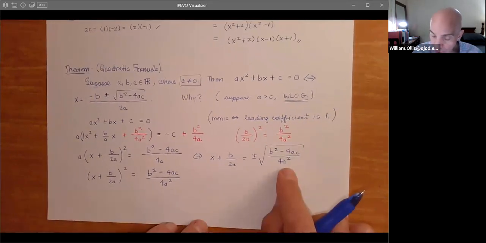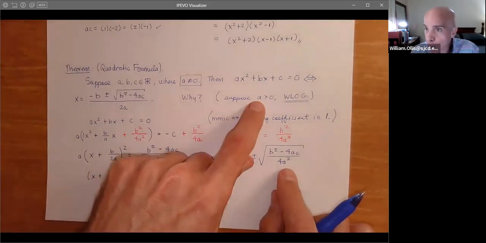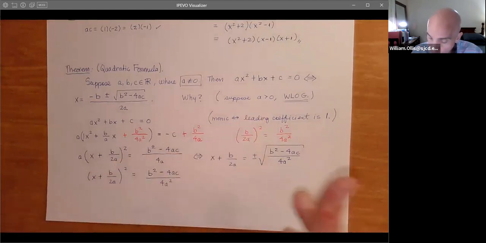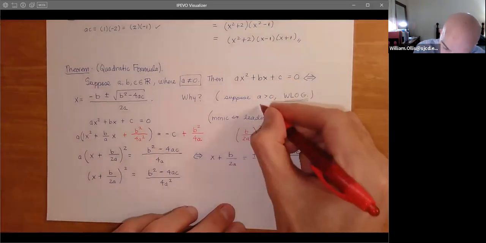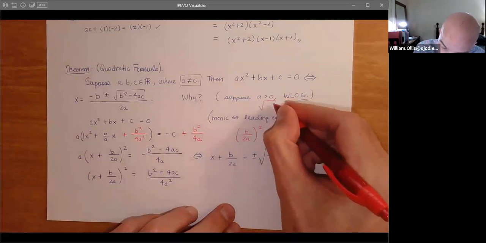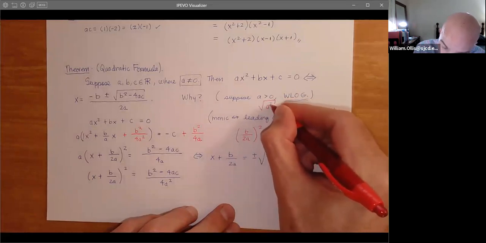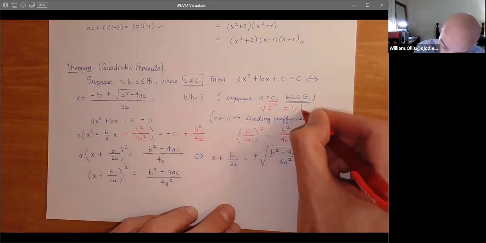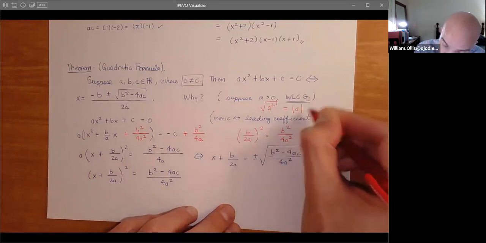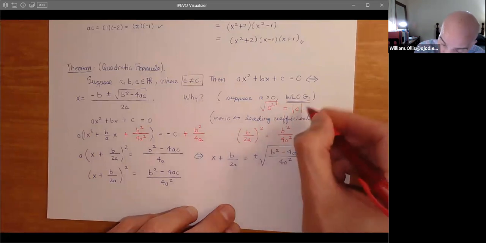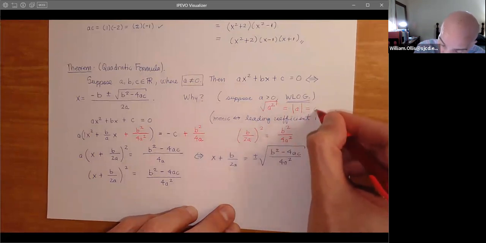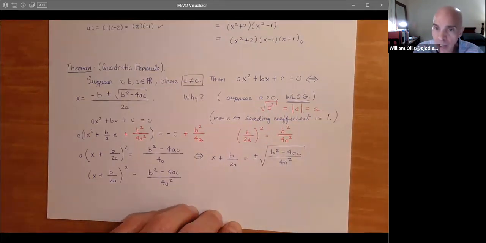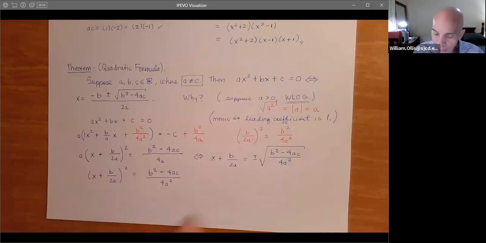That's going to give us 2a because, again, a is positive. And just remember, one of our alternative definitions of the absolute value of a is the principal square root of a squared. But in this case, if a is already positive, then its absolute value is just a. So we use that relationship often dealing with absolute value.